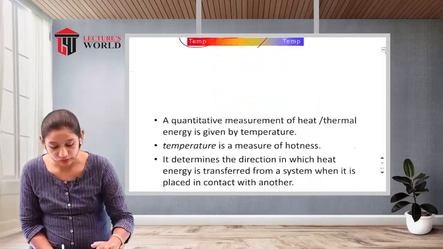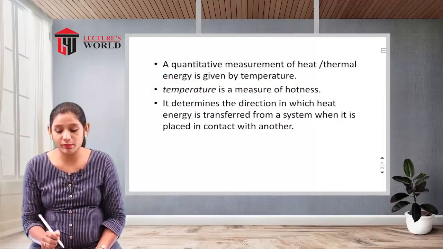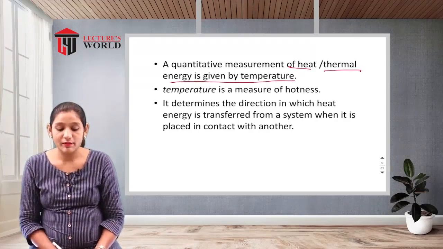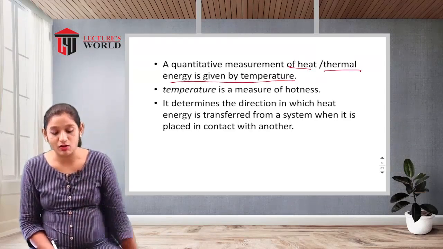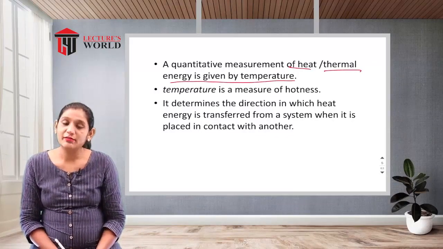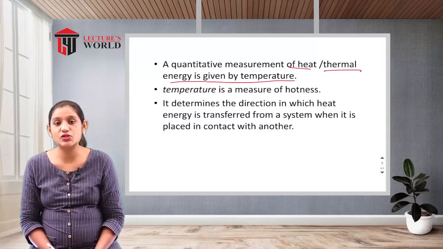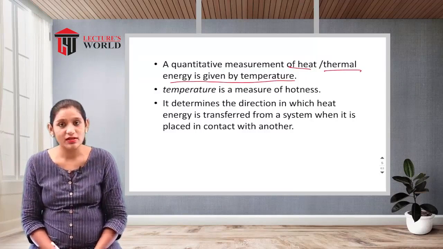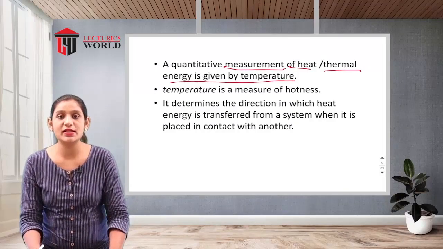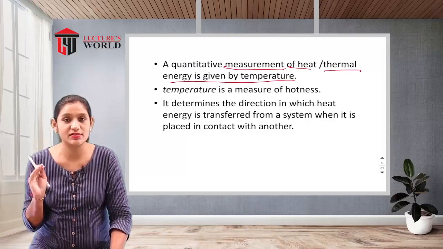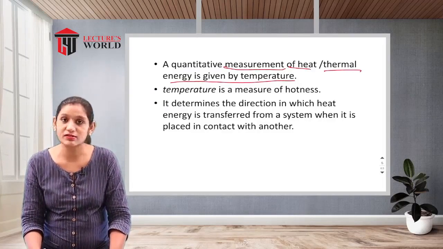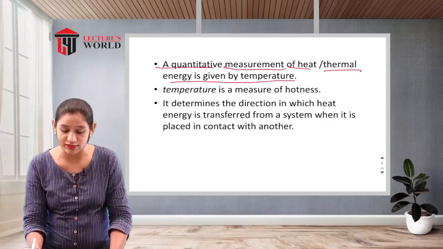Next, a quantitative measurement of heat or thermal energy is given by temperature. Quantitative means countable. Heat means thermal, which occurs in two forms, cooler and hotter. Measurement means calculation, scaling up. Whatever measurements are observed by a quantitative factor, this is called measurement.